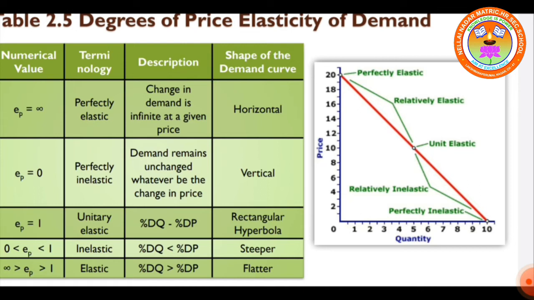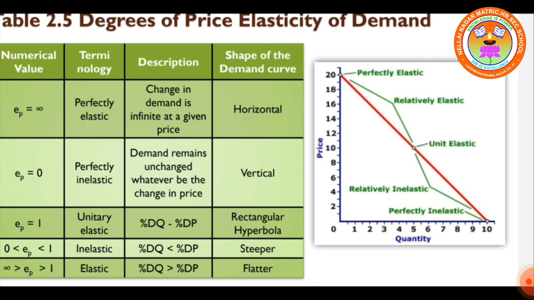The midpoint between the midpoint and perfectly elastic is called relatively elastic. In the lower segment, there are two points: the one next to unit elastic is relatively inelastic, and the last point is called perfectly inelastic. These are the 5 important degrees.